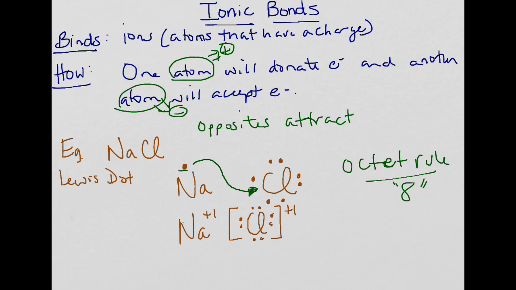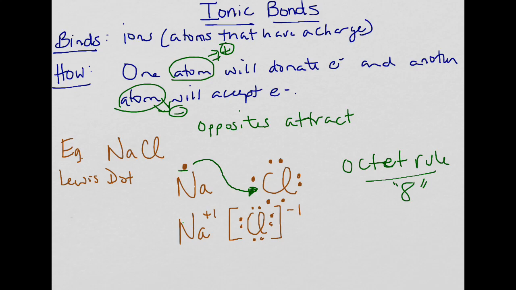And it's going to get a -1 charge. When you're doing these Lewis dots, they like to put brackets around the ion that gets all the electrons, to point out that he gets to keep them all, they're all his.